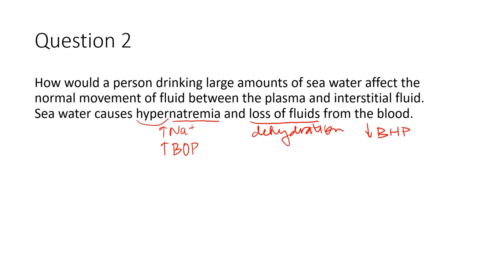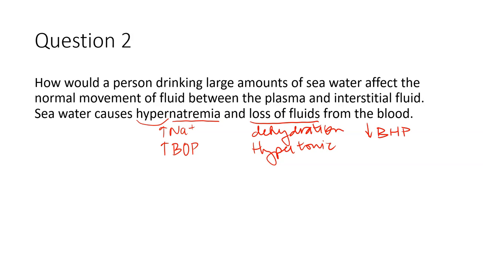Now, since we know it's a loss of blood hydrostatic pressure, is this form of dehydration hypertonic or hypotonic? Well, we know that hydrostatic pressure is linked to hypertonic fluids, or hypertonic dehydration rather. So we're going to see this particular situation be a hypertonic dehydration issue.